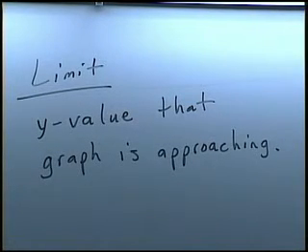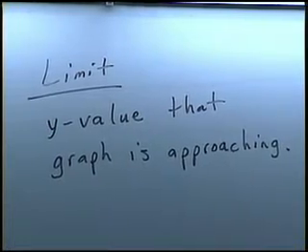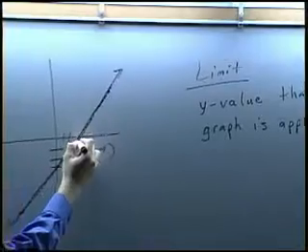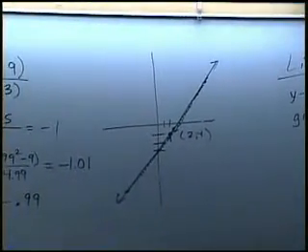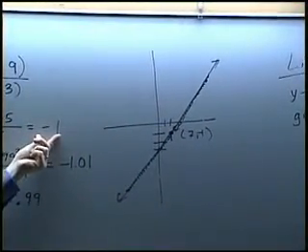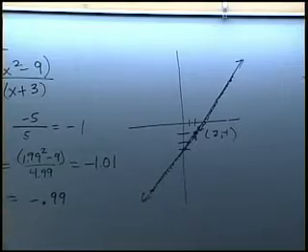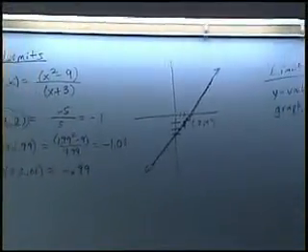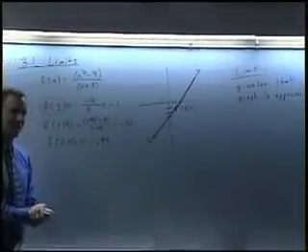This doesn't seem like too big of a concept at this stage, because we've just done an easy example. We can see that it looks like the value is getting closer and closer to negative 1 from the left side. From the right side, it's getting closer and closer to negative 1. And it's exactly negative 1 right at that point. So this doesn't seem like a big discovery that we have made here, but this is the basic concept of a limit.